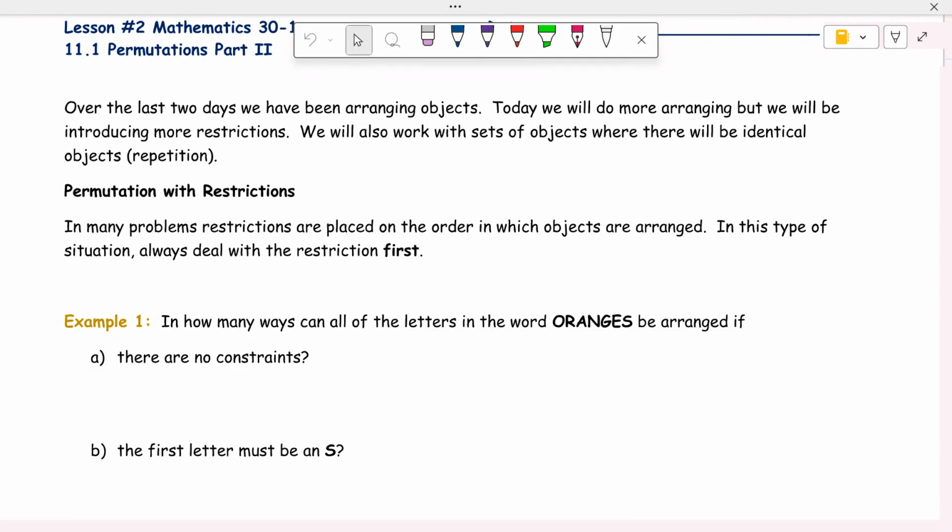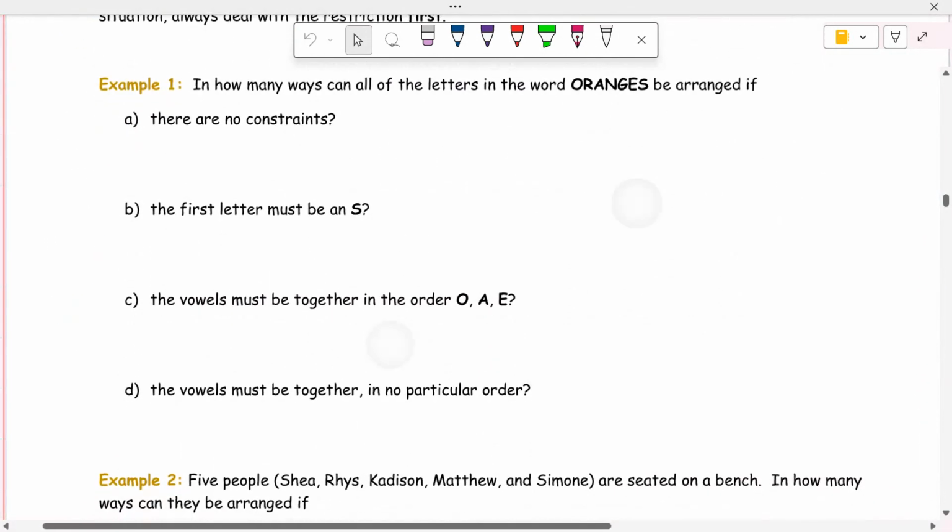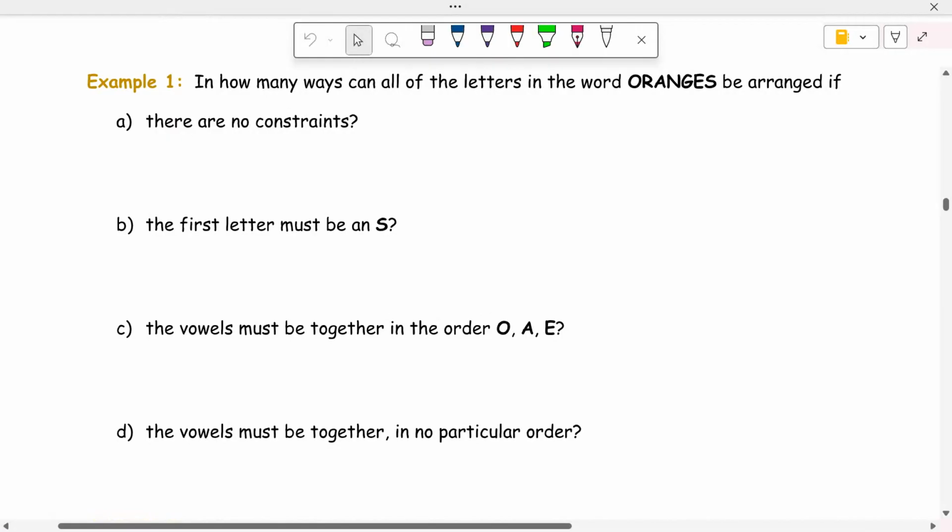But today, order still matters. We're arranging objects, whether they be letters, people, whatever the case may be. We're moving them around, changing the position of them. So, more restrictions. Example 1, some of this will be exactly what we've done already.